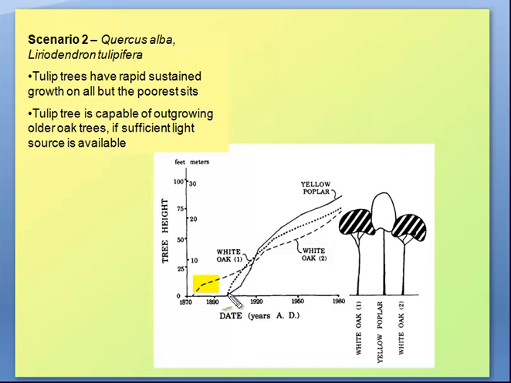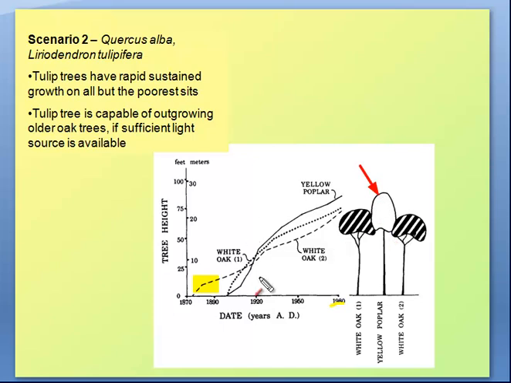And then what happened is, let's just jump to 1980, or not now, but 20 years ago. You can see the result of this: after all that time, you see a yellow poplar, in other words tulip tree, dominating the site, with the oaks in a co-dominant position.